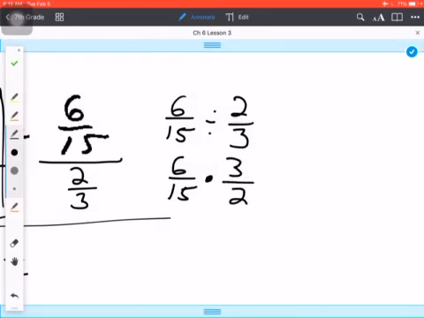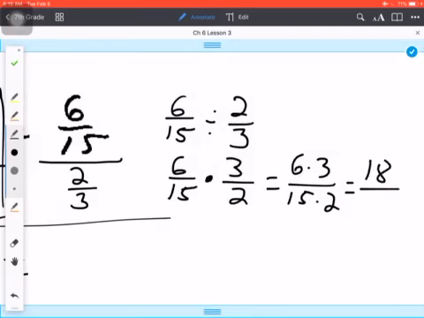And now we're multiplying. So when we multiply fractions, we multiply the numerators, multiply the denominators, and simplify. So 6 times 3 is 18, 15 times 2 is 30.